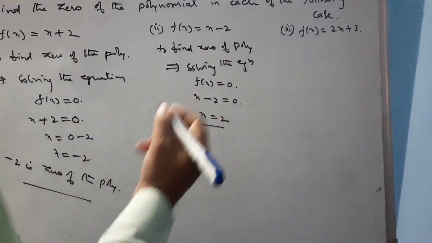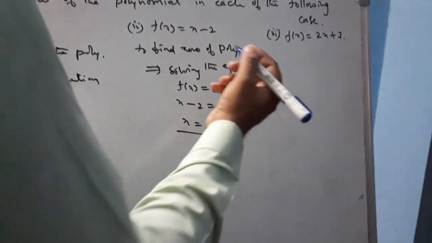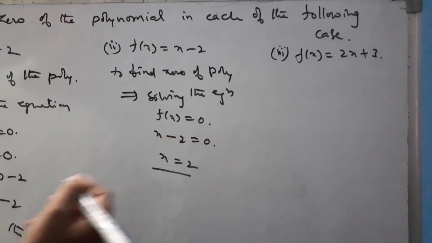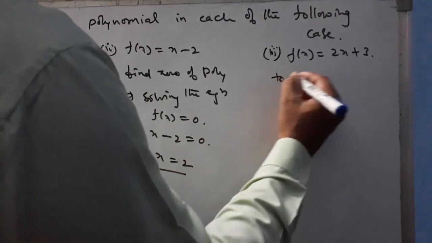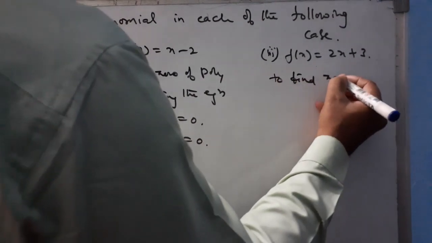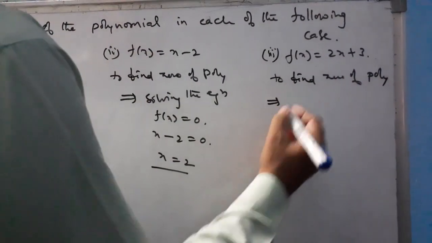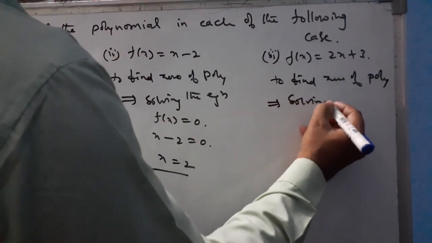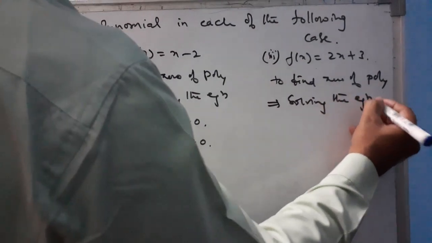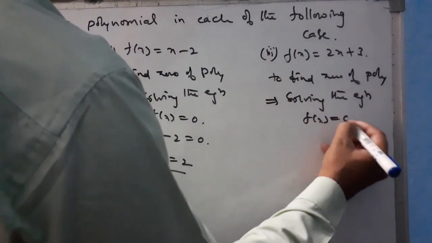The third one is to find the 0 of the polynomial. It is enough to solve the equation f of x equal to 0. To find the 0 of the polynomial, that implies solving the equation f of x equal to 0.